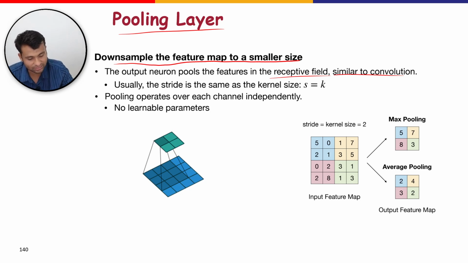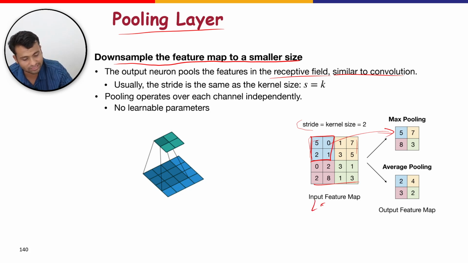Here is your input, and what you do is make stride equal to kernel size equal to 2. So first this matrix is analyzed, and we do max pooling. If you do max pooling, we choose just the max element of it and we place it in the next layer.